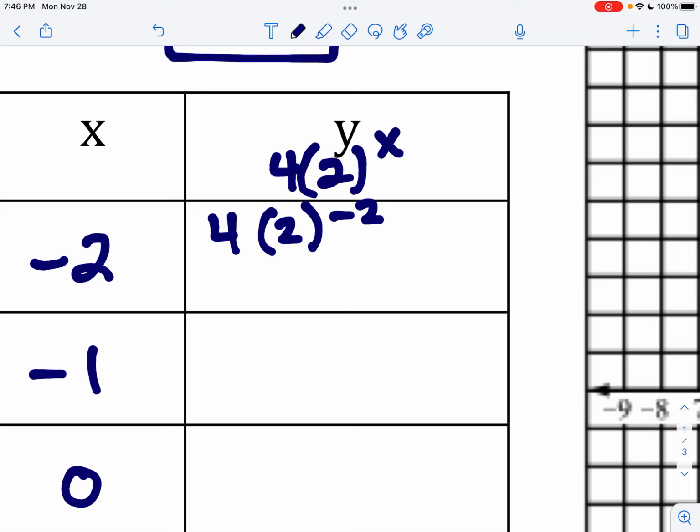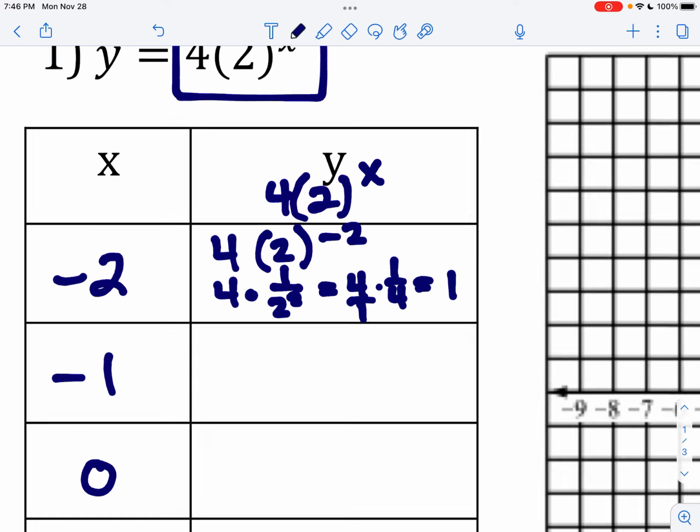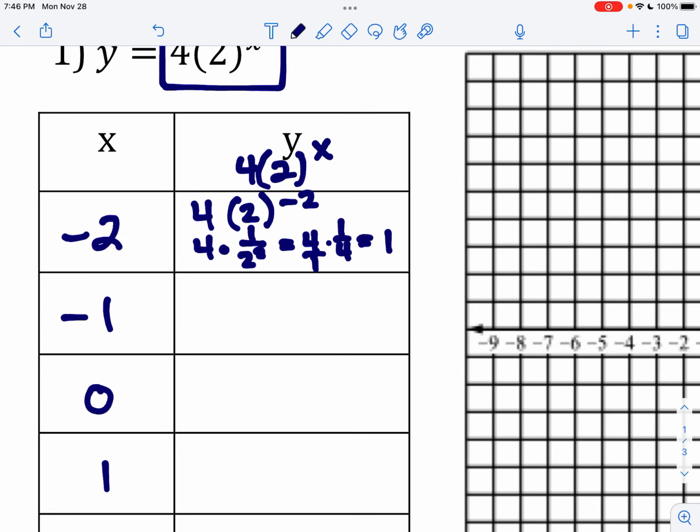So this is going to give us 4 times 1/2 to the second power. Well, what is 1/2 to the second power? That's 4 times 1/4. Well, 4/1 times 1/4 is just 1. So the value that I'm going to graph is -2, 1.